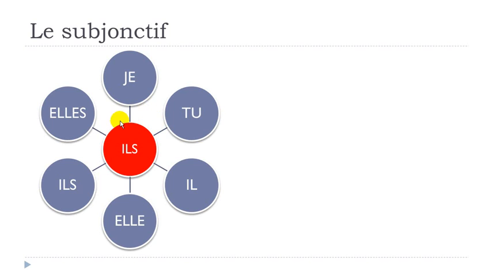So the form of your verb at the present, at the third person of the plural, will help you to construct the subjunctive form for all these persons. And that's the difficulty because, for nous and vous, you will have to use the nous form of the present.